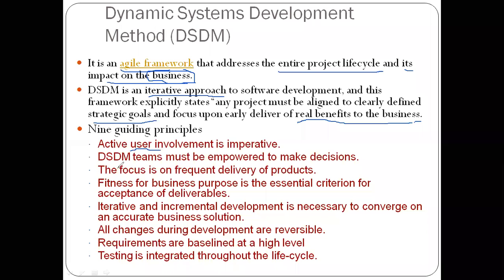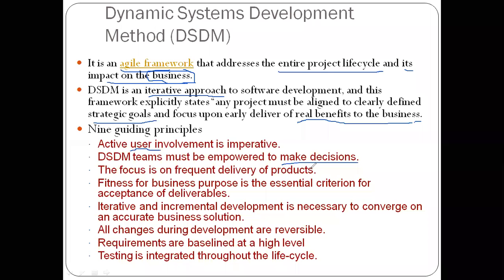We'll see the second point: DSDM teams must be empowered to make decisions. So these teams are also given the authority to take their own decisions, like in the crystal agile methodology, isn't it?